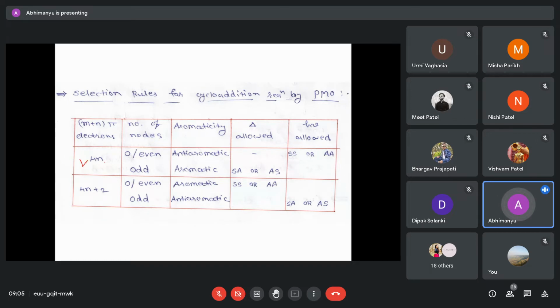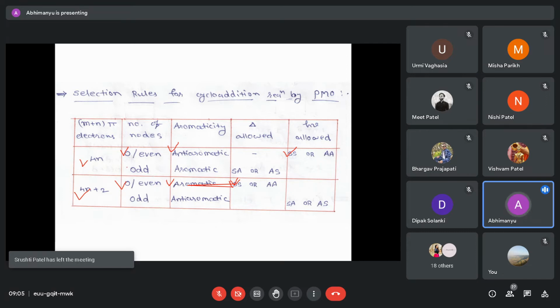Okay, for n number of nodes, nothing but focus on the 0: 4n, anti-aromatic, photochemically allowed. 4n plus 2, 0 node, aromatic, thermally allowed. And by using this statement, you can reverse the statement.